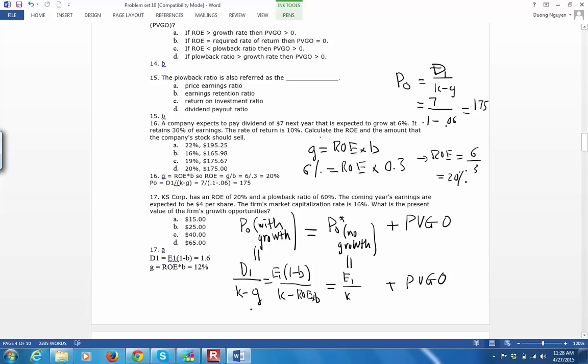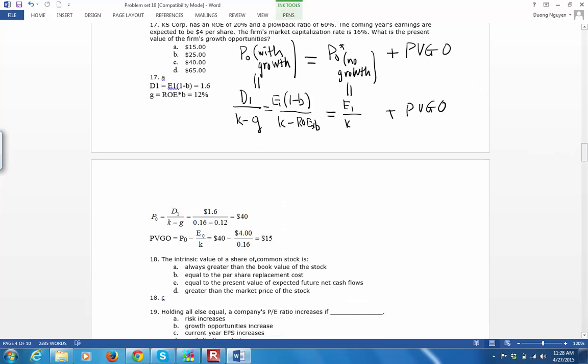So put in the formula, E1 over here is equal to $4 times 1 minus plowback, which is 60%, 0.6, over K, which is 0.16, minus G, which is ROE times B, ROE is 20%, 0.2 times plowback, which is 0.6, equal to E1 over K, E1 which is $4 over K, which is 0.16, plus PVGO.